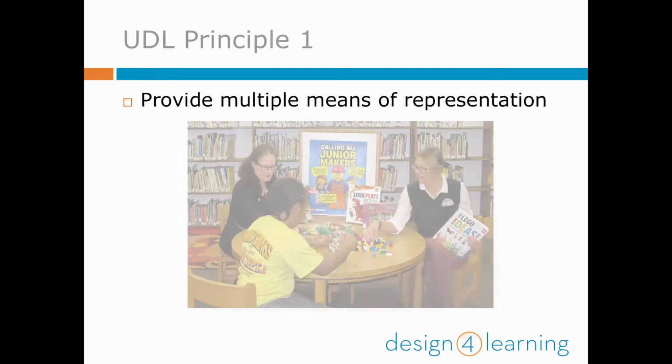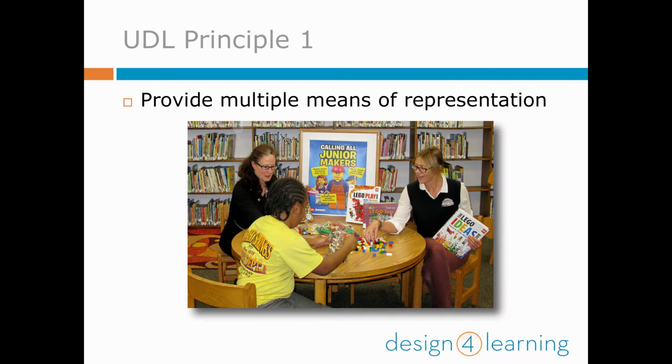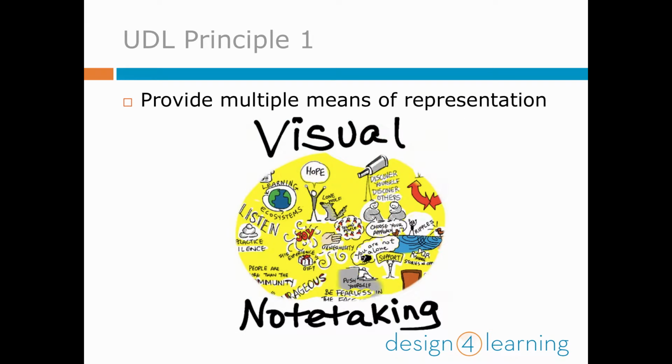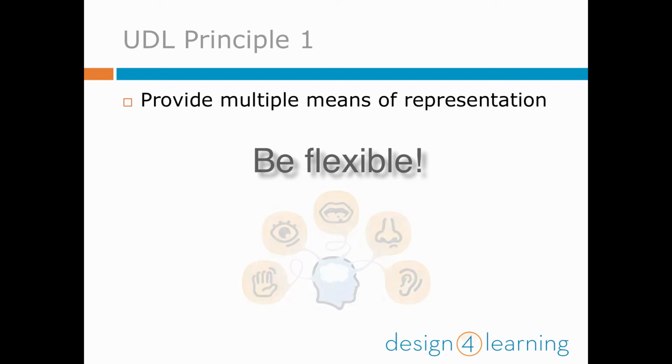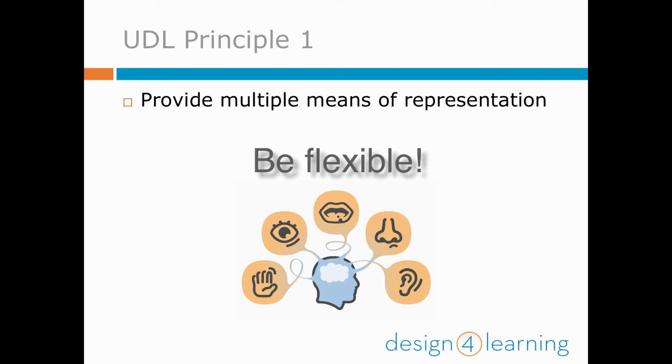And by the way, active learning doesn't just relate to physical activity, but also includes activating students' deeper thinking about content. We'll be talking more about active learning strategies in the weeks and modules to come throughout the D4L series. So in planning lessons, don't be rigid, be flexible so that you engage all the senses of a learner.